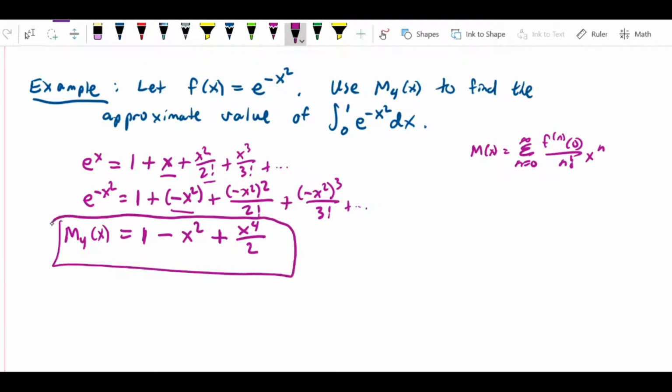That's M4 for the function e to the negative x squared. And it turned out I did not need to use this last term because I'm only going up to power 4. Had I used it, I would have simplified that. That would be negative x to the 6th over 6. So we now have M4. The idea is that this is a pretty good approximation of e to the negative x squared as long as we stay pretty close to 0.